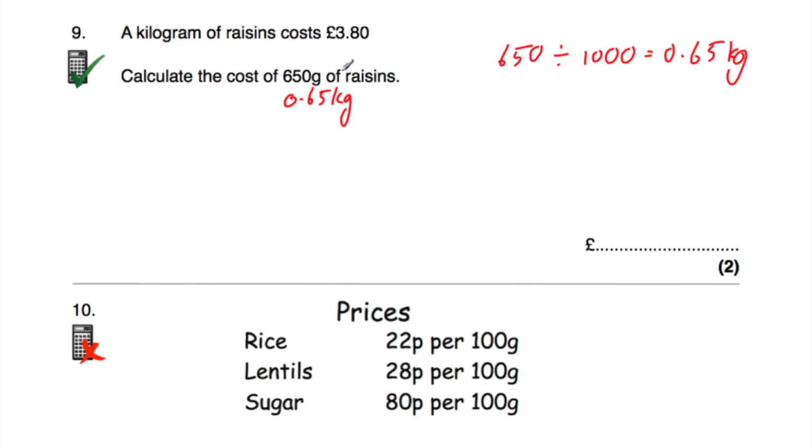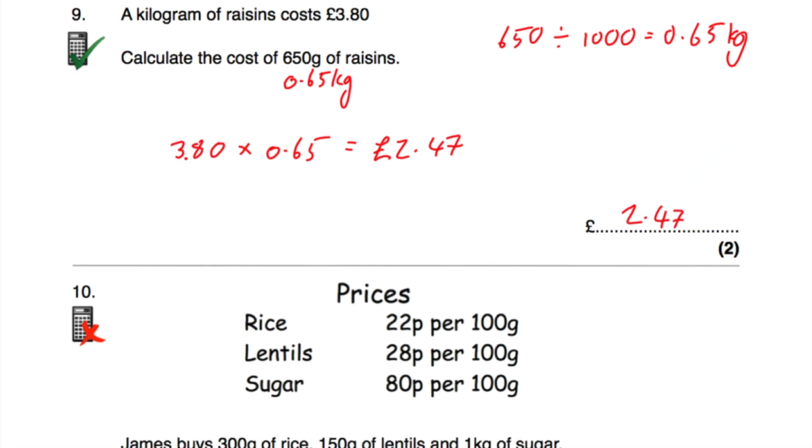Now we know the cost of 1 kilogram, which is £3.80, and if we multiply that by how much we're buying, which is 0.65 kilograms, we can then find the cost of 650 grams of raisins. So £3.80 multiplied by 0.65 is equal to £2.47. So that means the raisins would cost £2.47, and that's it.